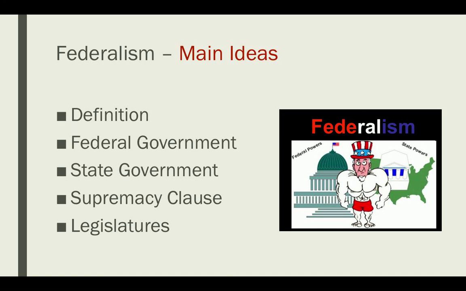When we look at federal bodies, we have the U.S. Senate, we have the United States House of Representatives. Those are the federal bodies of the legislature. State bodies, we have New York State Senate and the Assembly, New York State Assembly. So that's our version of the House of Representatives at the state level.